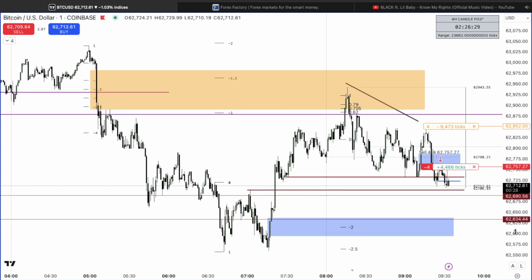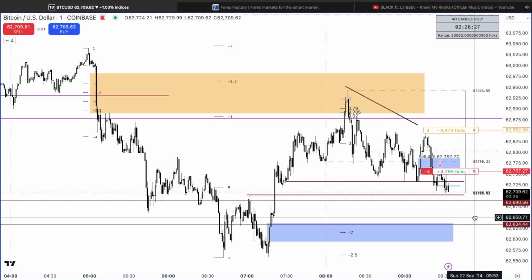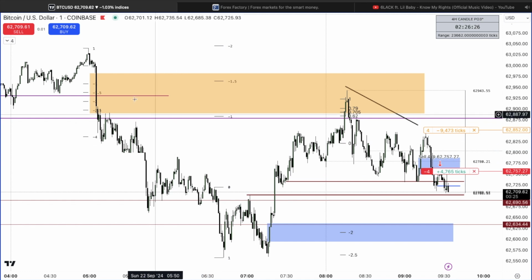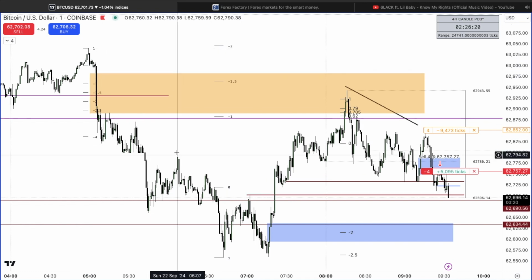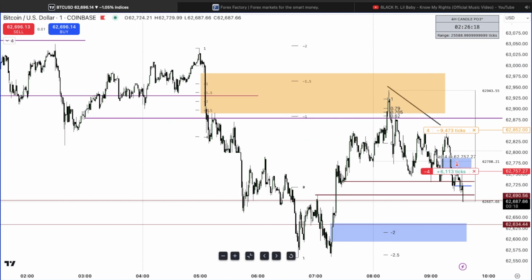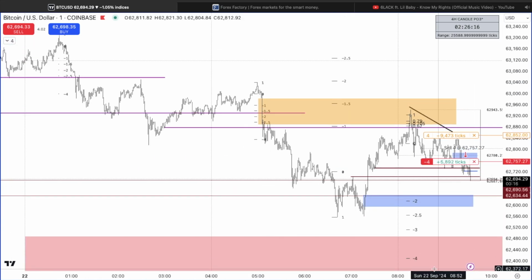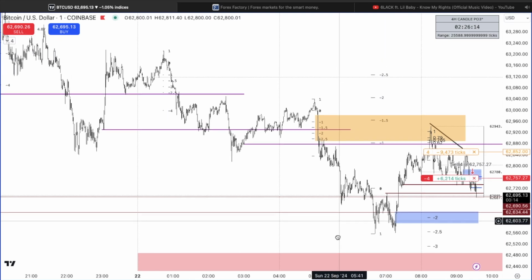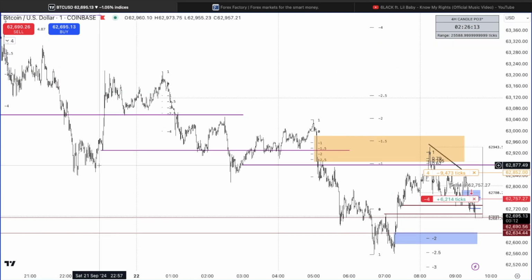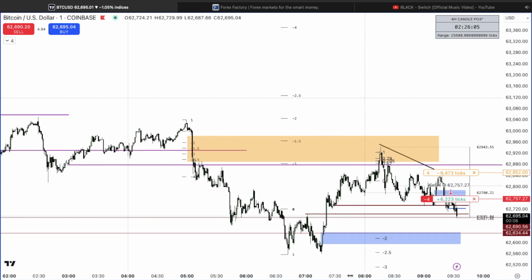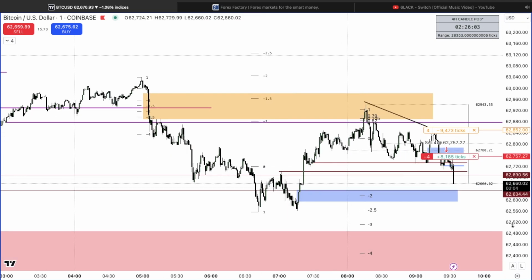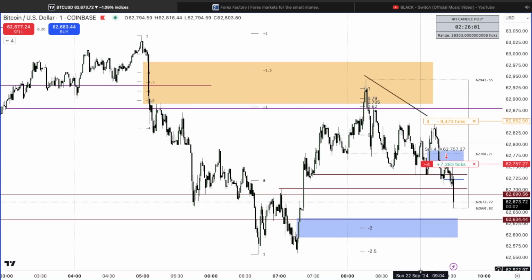So in theory, approaching this, as I mentioned earlier, we had Asia and London both be bearish. They both sold off, right? If I zoom out all the way here, bearish Asia, bearish London here, and then we can see the New York Open is where we have that bullish retracement.